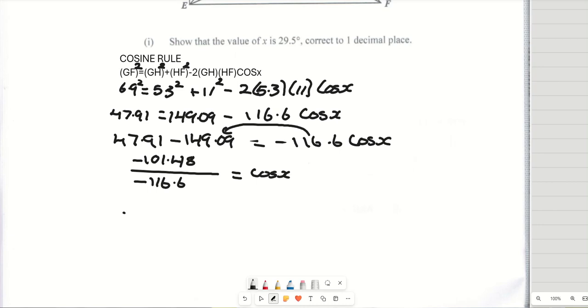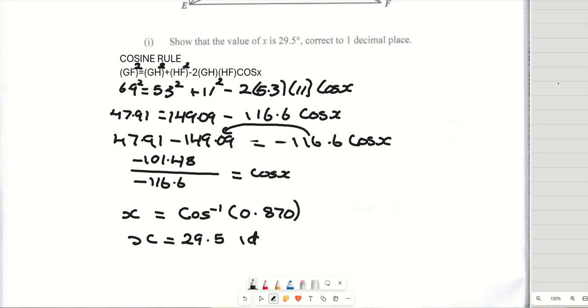Now we want x by itself, so x would be equal to cos inverse, because there's nothing like divide, of this. When you divide these two, you're going to get 0.870. So x would be 29.5 to 1 decimal place. Why did I approximate it to 1 decimal place? Simply because the question said that I have to approximate it to 1 decimal place. And that is how you would do this question right here.